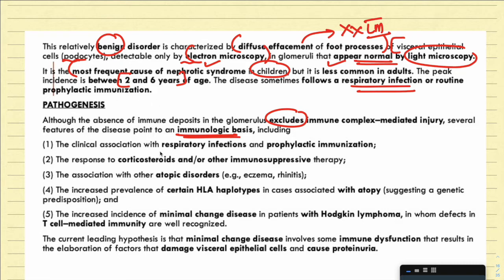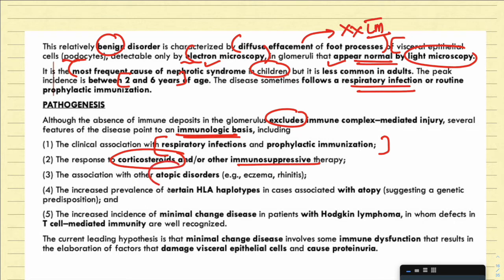There is a clinical association of minimal change disease with respiratory infections as well as with prophylactic immunization. Now very importantly, the first line of treatment is steroids. The patient responds to corticosteroids and other immunosuppressive therapy, which also points towards an immune origin.